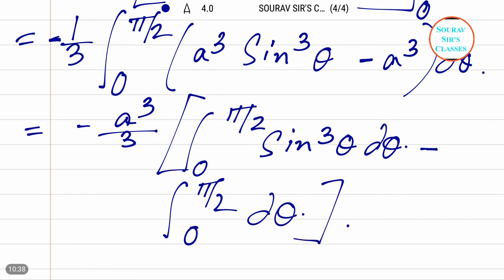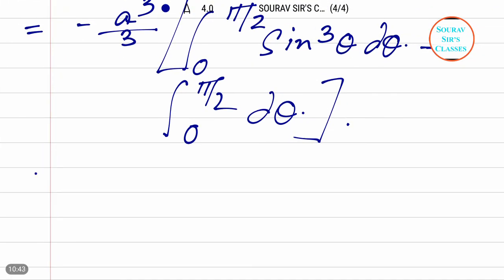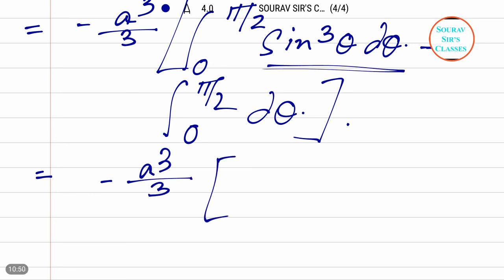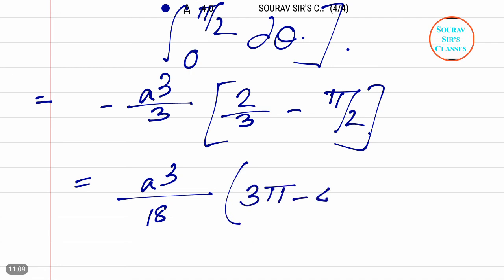Now again, after integrating these two parts, we can write minus a cube by 3 into integrating this part, we can write it as 2 by 3 because we are putting the values of the limits, and here it is minus pi by 2. So now from this we can write a cube divided by 18 into 3 pi minus 4. So this is the answer.